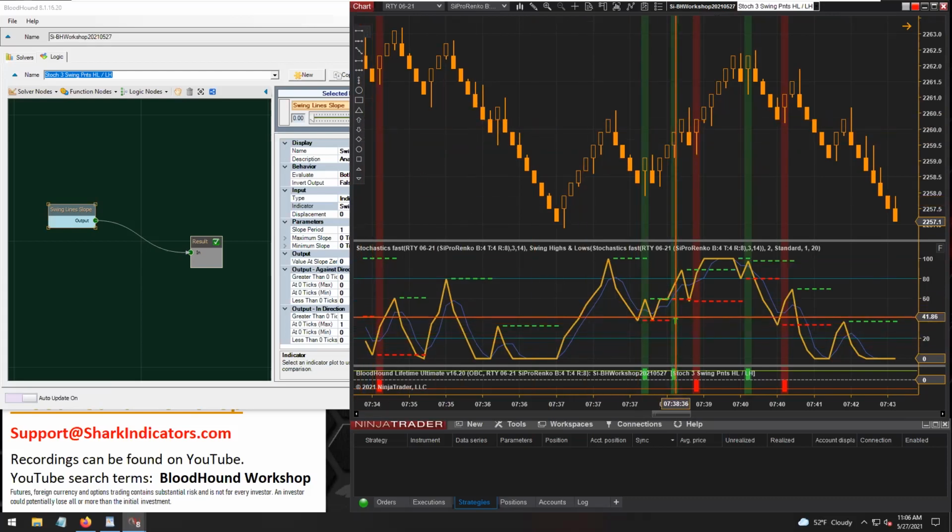So let's say that was the first long signal, so we'll just have to imagine that that was the first long signal, and this would be the second long signal. Well, since we have a short signal in between, right, that tells us that the swing lows were not stepping up.